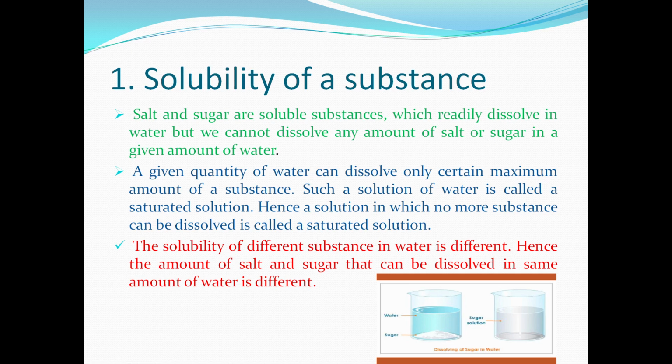We know we can dissolve salt and sugar easily in the water, which readily dissolve in water, but we cannot dissolve any amount of salt or sugar in a given amount of water. Let's give you an example.